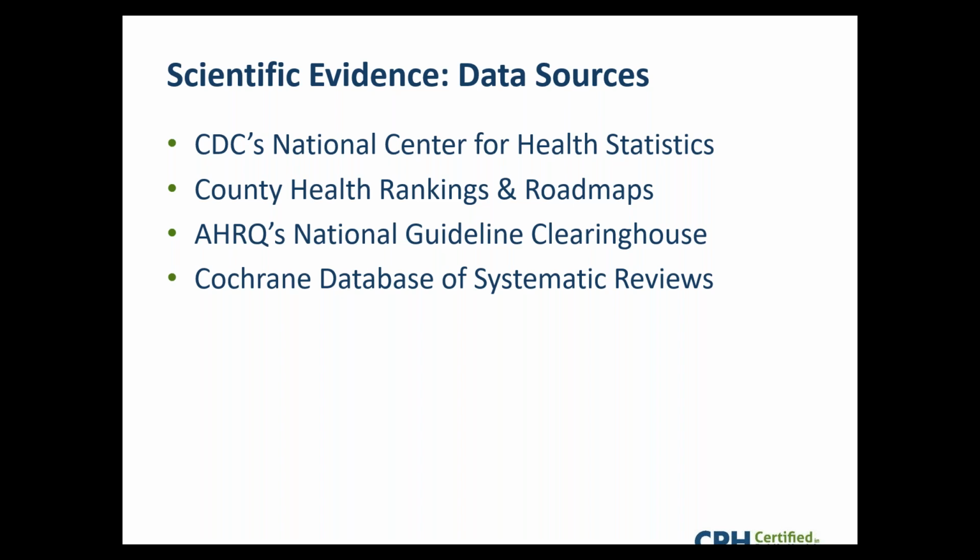You could use County Health Rankings and Roadmaps, AHRQ's National Guideline Clearinghouse, and of course there's something called the Cochrane Database of Systematic Reviews, which takes studies across many different authors and combines them to give you an overview of what the scientific consensus says. So those systematic reviews are really important for aggregating the scientific consensus that you can communicate then to your stakeholders.